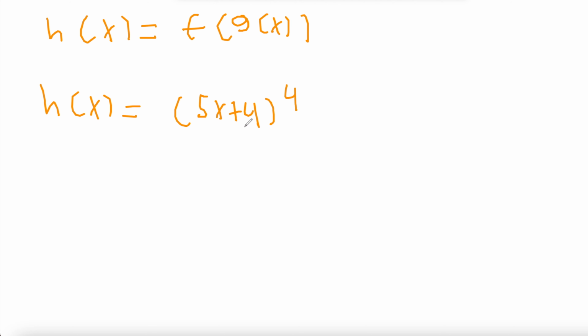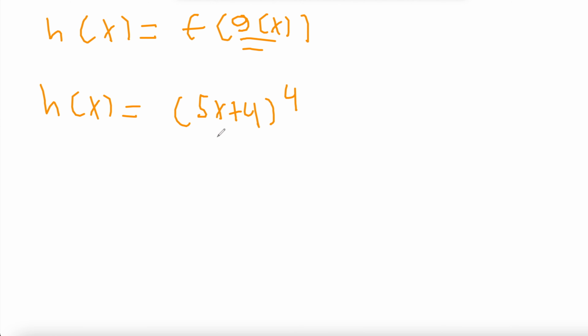So in this particular example, what would be our g of x? What would be our inner function? Since we have 5x plus 4 inside parentheses, our 5x plus 4 is basically our inner function. I'll go over the next step in terms of finding the outer function, but if something is inside the parentheses of a problem, it's most likely going to be the inner function.